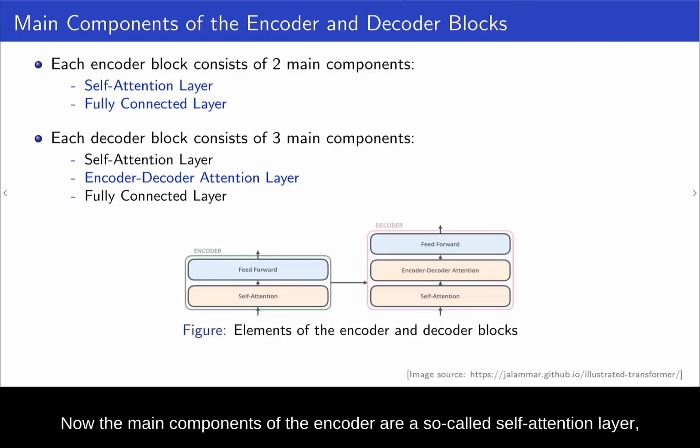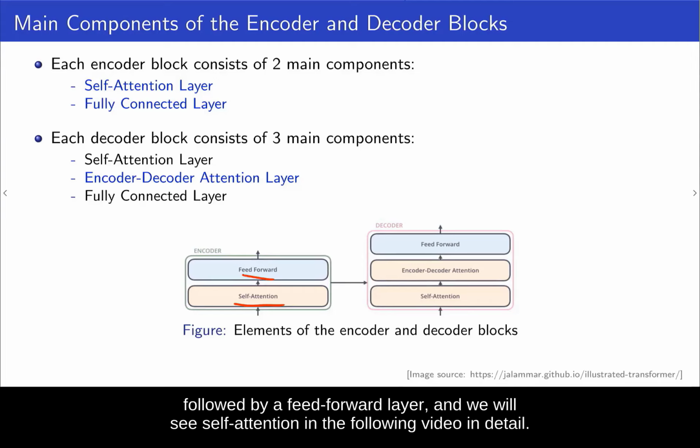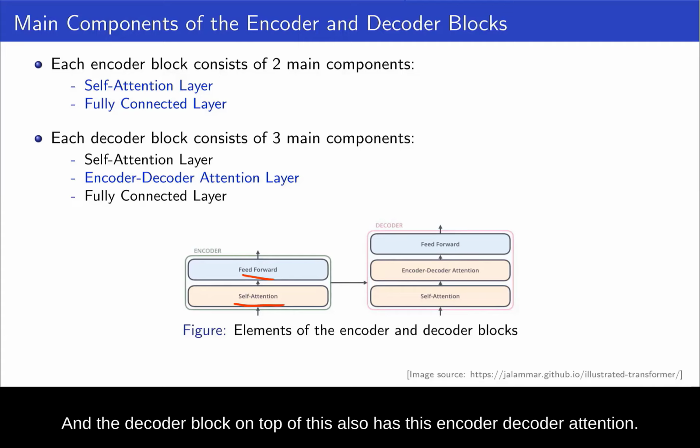Now, the main components of the encoder are a so-called self-attention layer, followed by a feed-forward layer. And we will see self-attention in the following video in detail. And the decoder block on top of this also has this encoder-decoder attention.